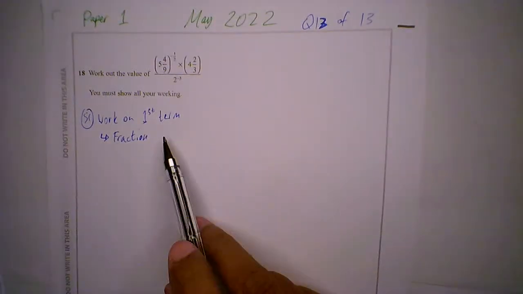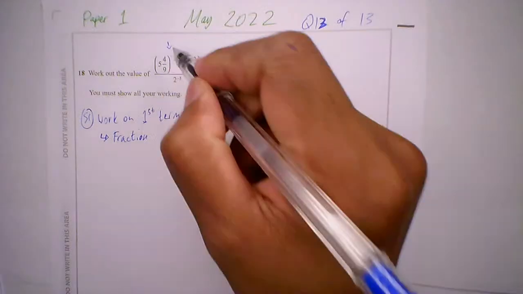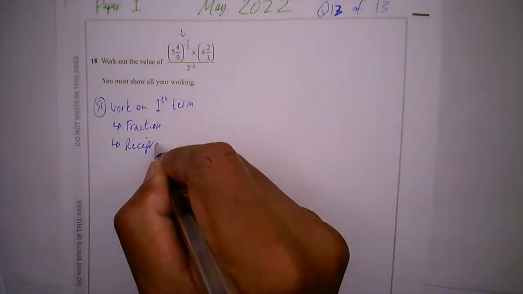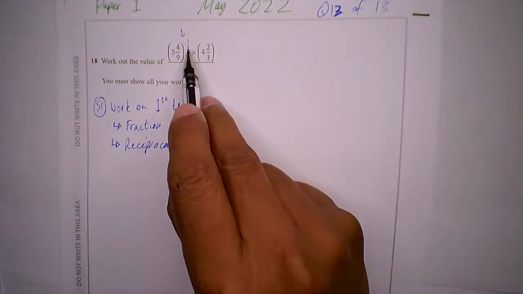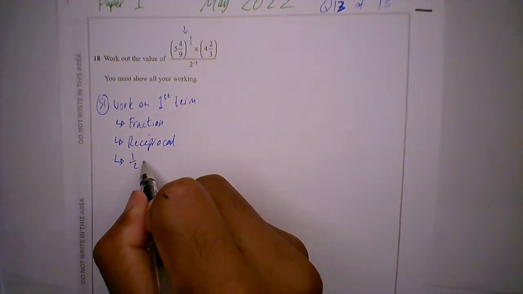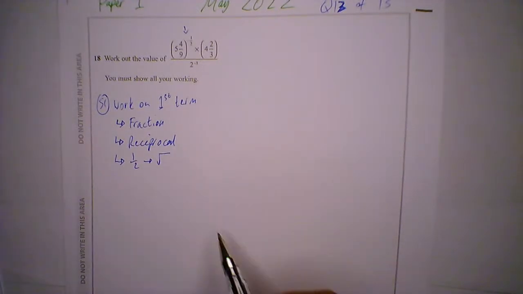After I've changed it to a fraction, this has got a negative here, so I've got a reciprocal, and then my power is a half, and a half is square root. Okay, so that's one thing.